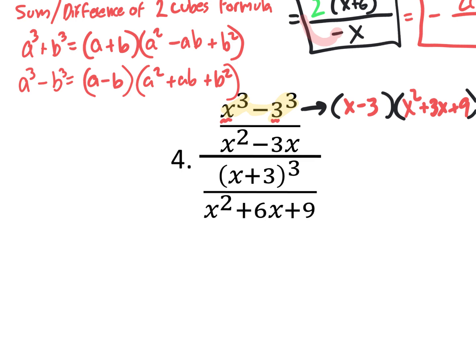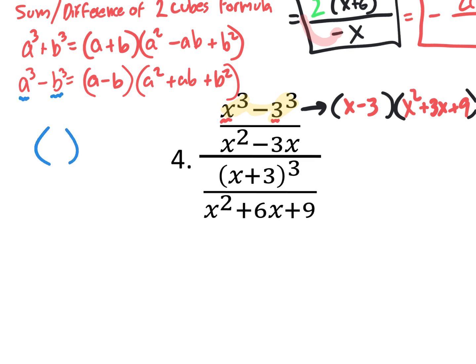So let me go back to the formula itself. You guys understand that we're using this one down here, right? The difference of two cubes formula, yeah? And you understand the formula itself, binomial times trinomial. If you had a minus here, you have a minus there. Now, the key to be able to use this formula is to safely identify what your a value is and what your b value is.